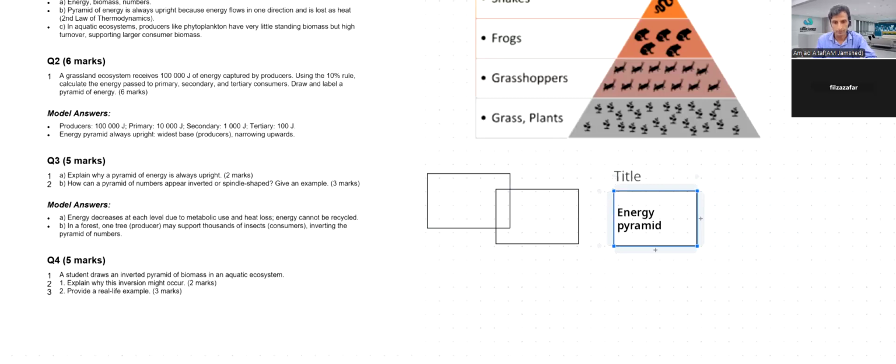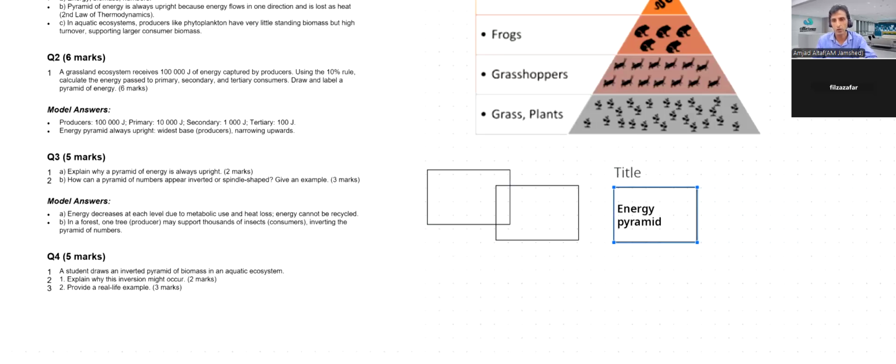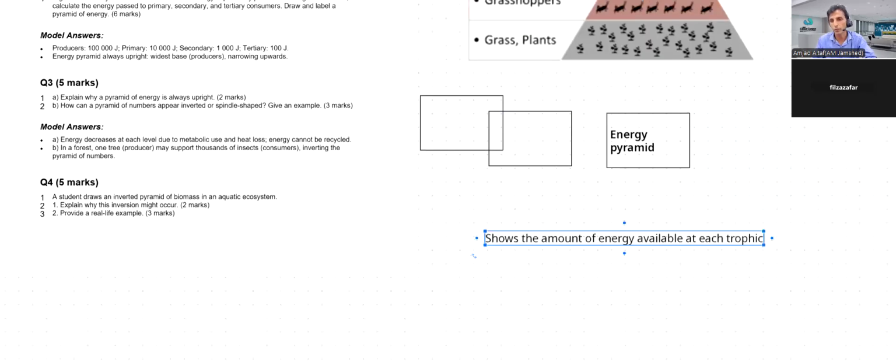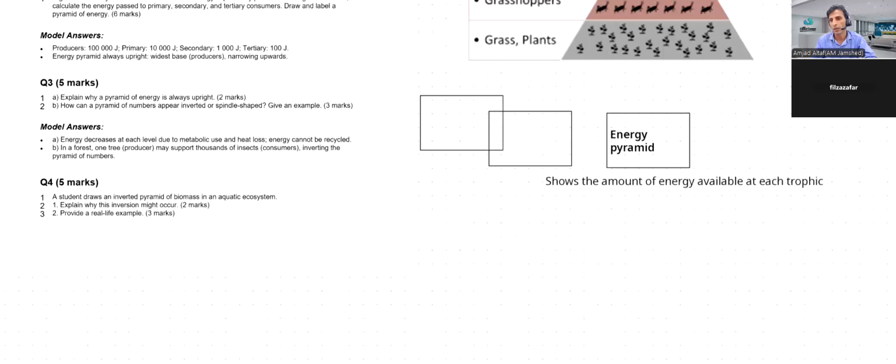Like the concept of it, have you studied this in year one? It shows the amount of energy available at each level. We will discuss those levels as well, but this is the overall concept. It shows the amount of energy which is available at each trophic level.